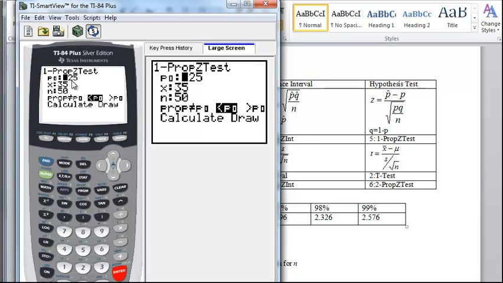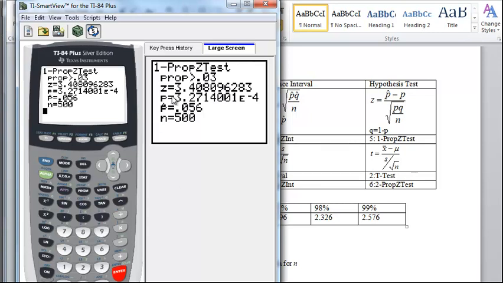Those are the same numbers, so 0.03. And then 28 is the count for X, and my N was 500. And then I need to enter the direction of the alternative. So alternative had greater than, so I enter greater than, and then enter for calculate.